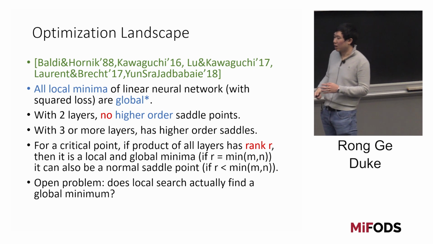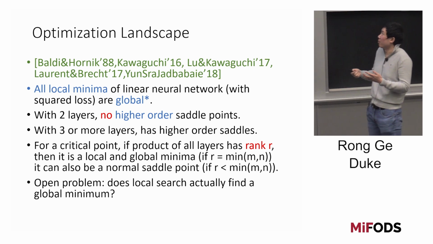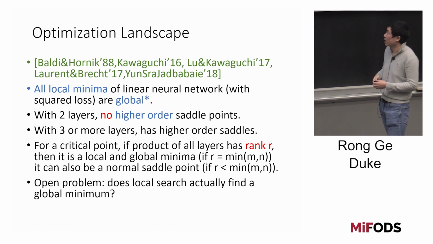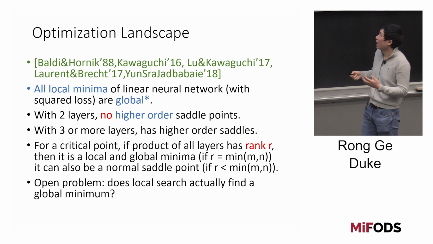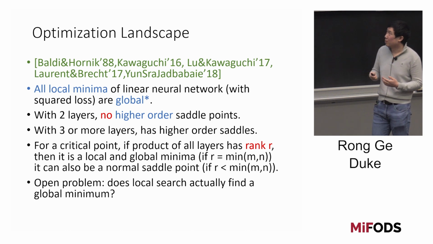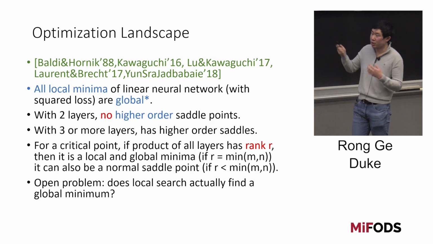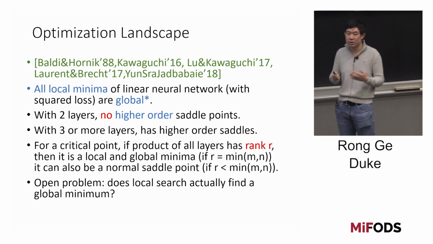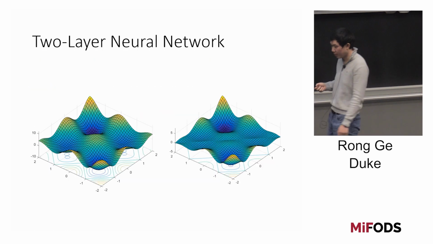So we know a lot about linear neural networks. The main open problem for linear neural networks is actually, does a local search algorithm find a global minimum? It doesn't follow immediately from existing results, because for neural networks of 3 or more layers, there are high order saddle points that we do not know how to escape from.